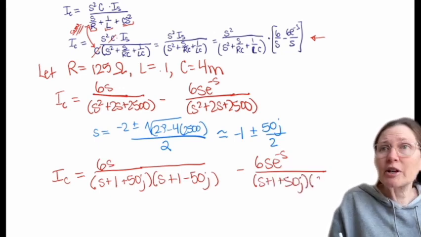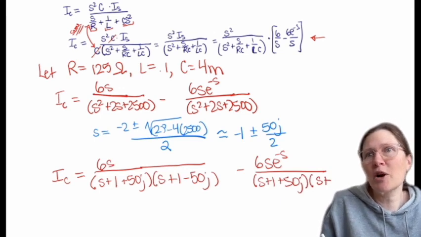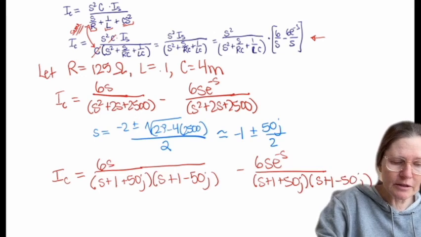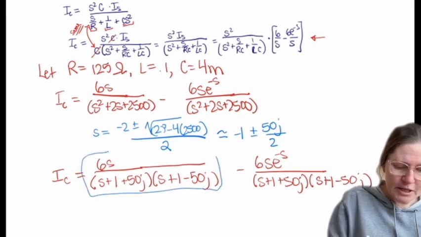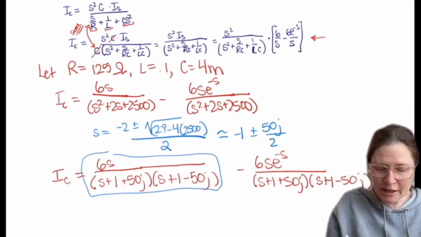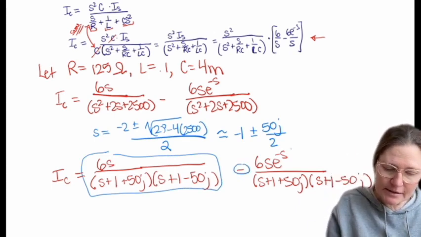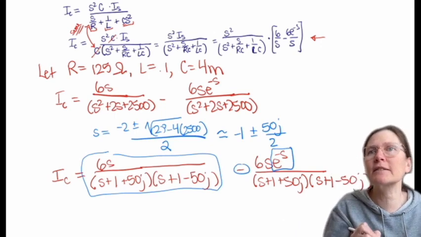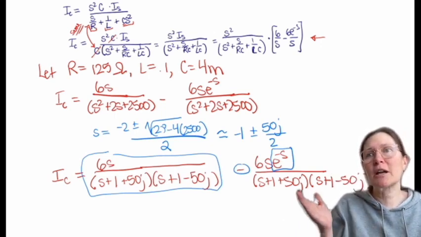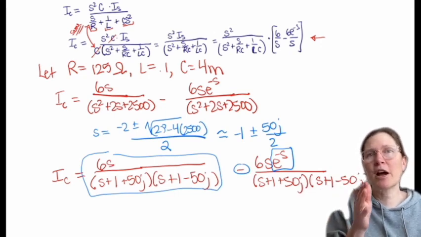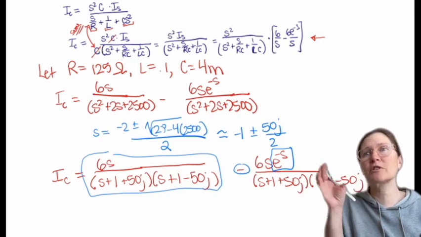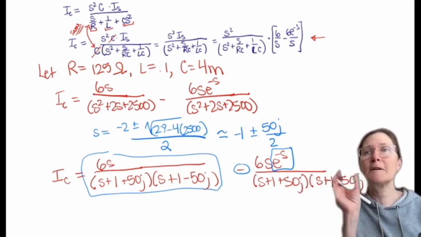What we're going to use here to solve the rest of this is called partial fraction expansion. Note that this quantity is similar to the second quantity, except for a minus and the e to the minus s. The minus is just a constant, so once we find the value for the 6s over that, we can do the same and take a minus of it.